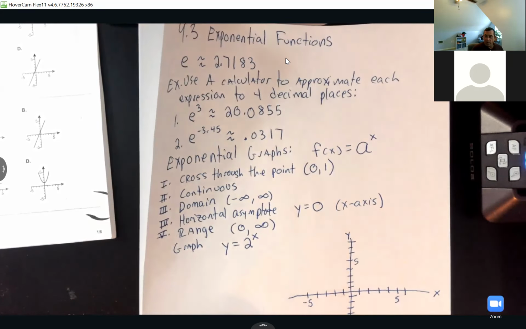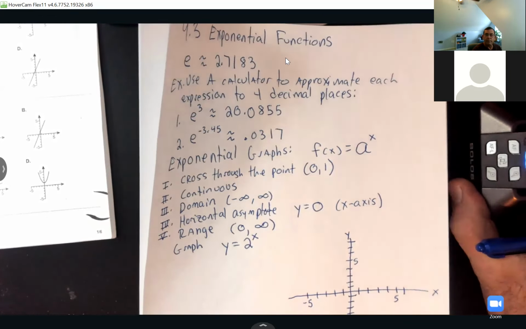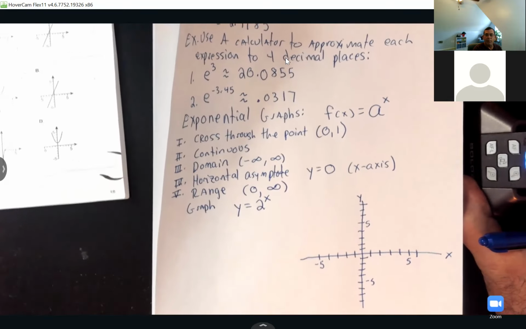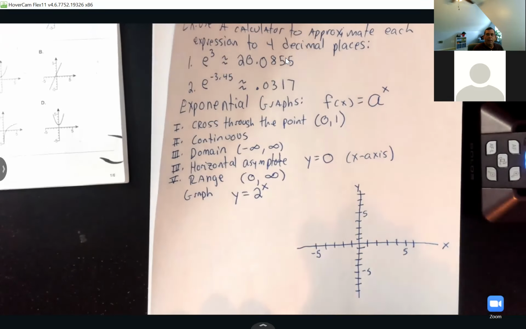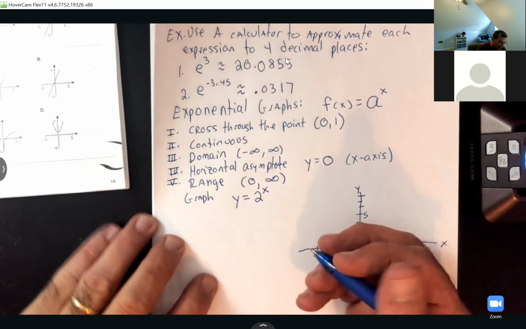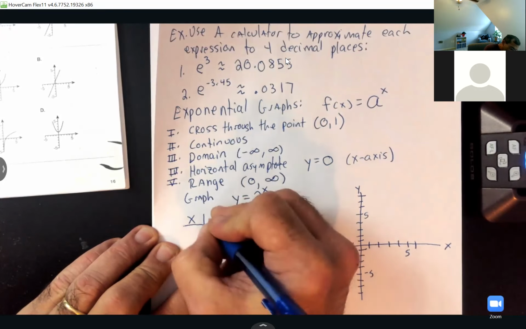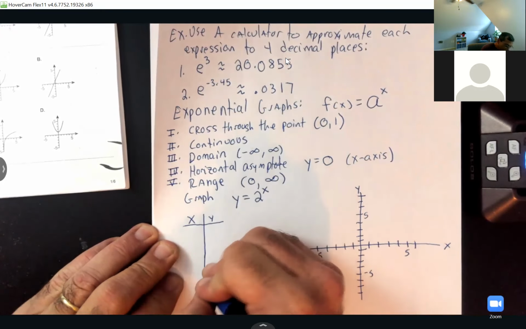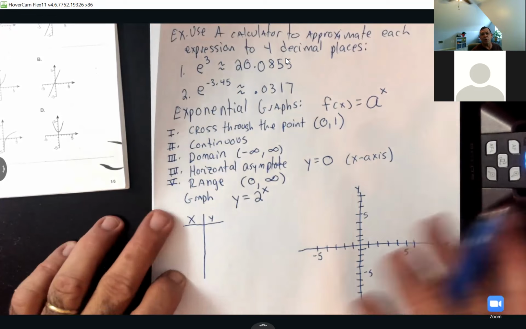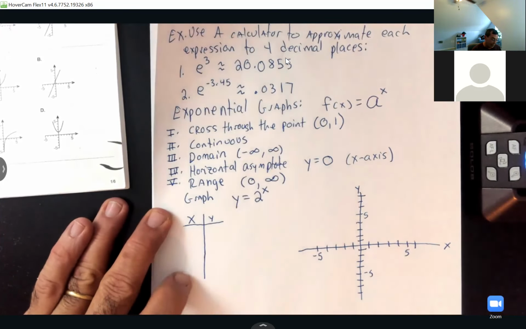All right, so I need to pull the camera down, it looks like. All right, so I'm just going to make a table up and find some values to graph. And I'll probably do quite a few points to show y'all the asymptotes and my graph heading off towards infinity.